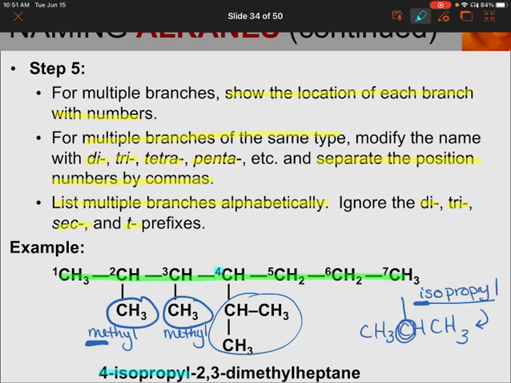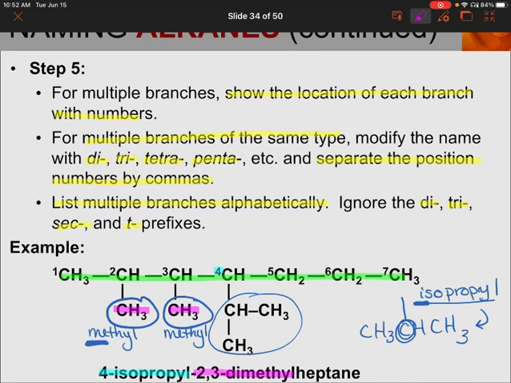So we've got 4-isopropyl. And then let's use a different color for these methyl groups. We have 2 methyl groups, so we're going to call that dimethyl. And one of those methyl groups is on carbon 2. The other is on carbon 3. So this will be 2,3-dimethyl.